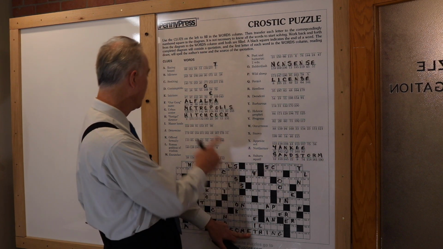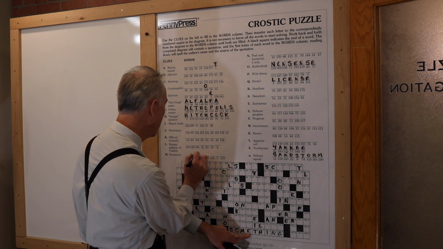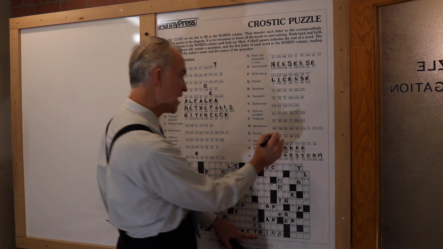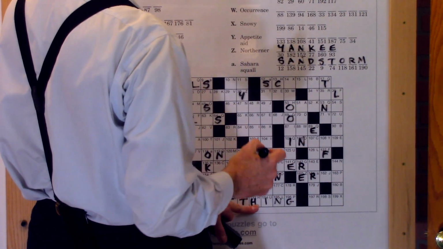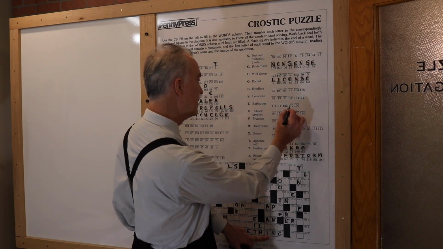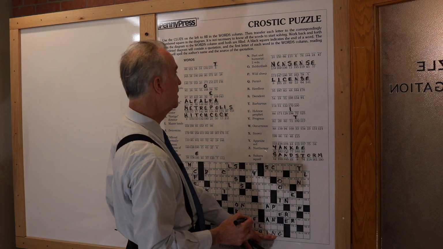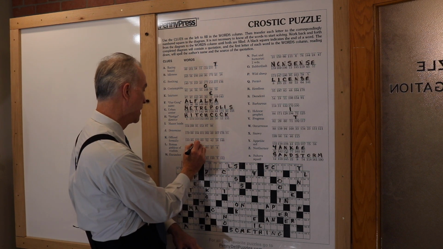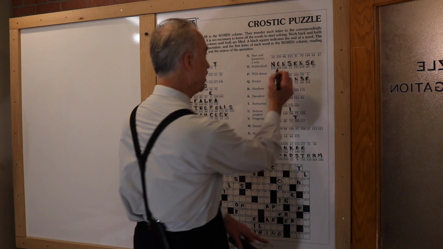We've got the E from clue M. Space number 191 is going to be E. Clue V, 192, has got to be T. Clue H, we've already got filled in. We've got clue U, space number 194 is I. We've got L, 195 is N. And finally, P, 196, is G.